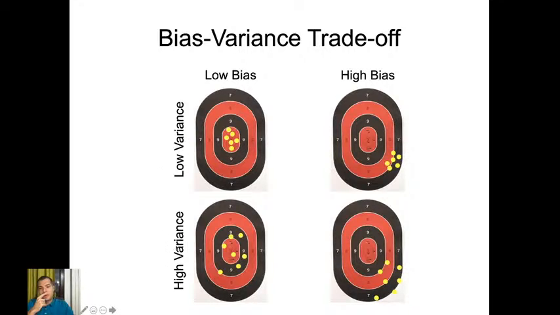Then you can also have high variance and low bias. That means you're hitting on target, but you also have some high variance, so you're also predicting some wrong labels here and there. And then, of course, the worst case is high bias and high variance.